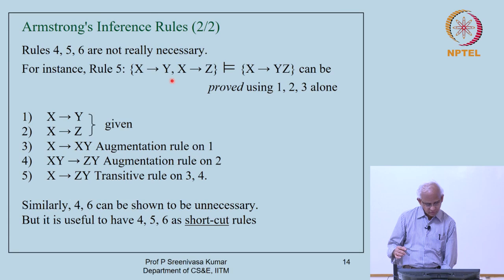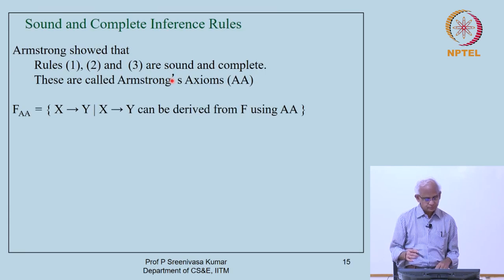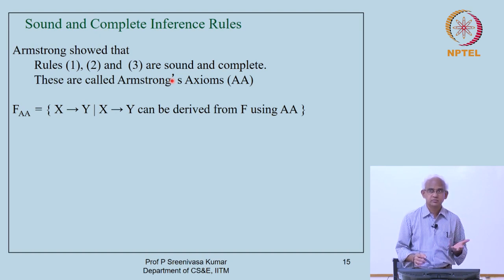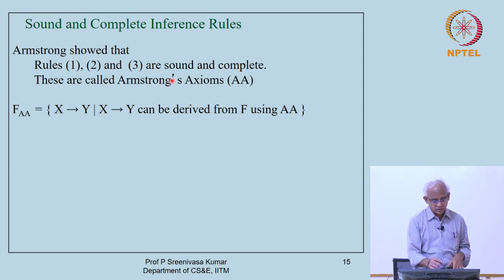Now, the interesting question that comes up is, are these rules arbitrarily chosen? Are they good, and are they enough? These can also be called sound and complete inference rules.